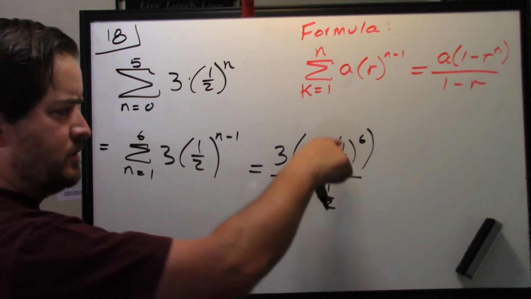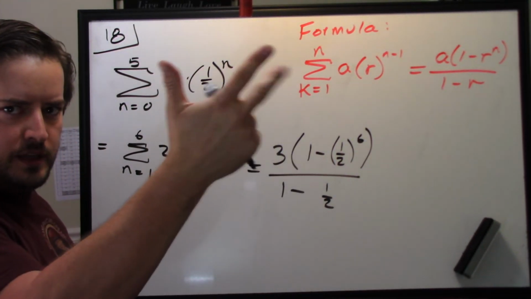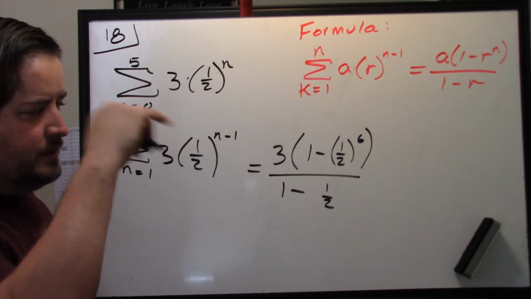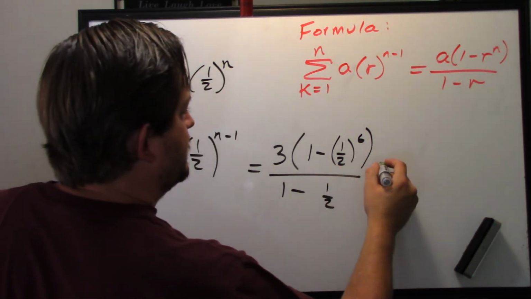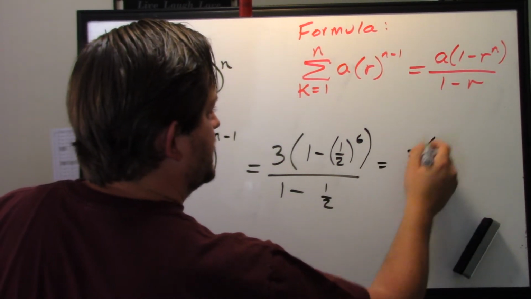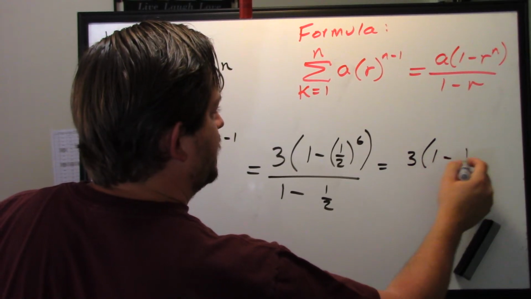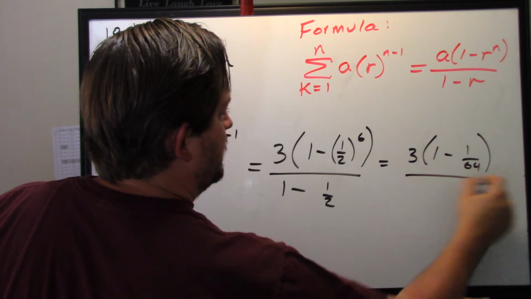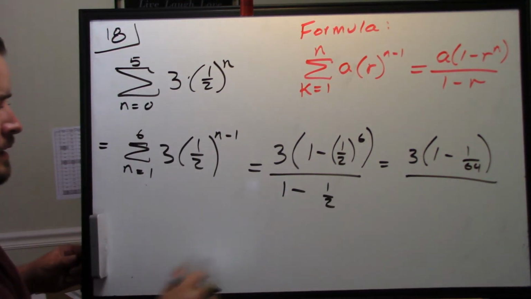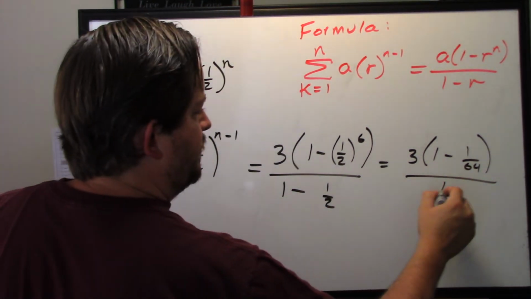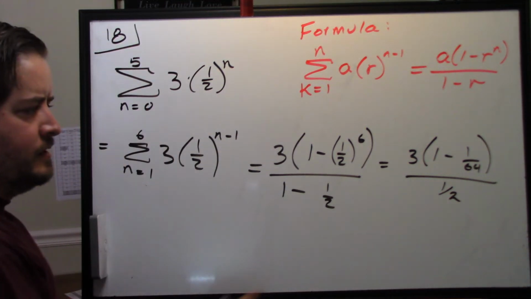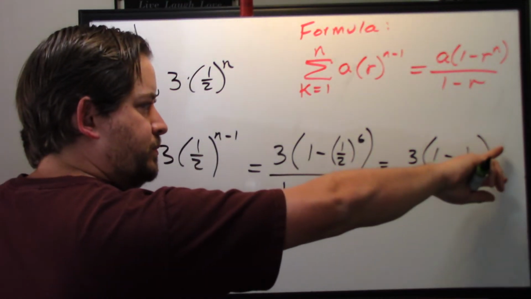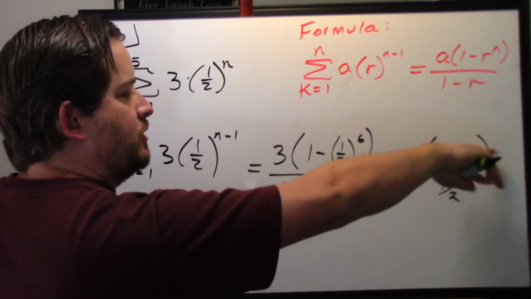1/2 to the 6, well 2 to the 6 is 2, 4, 8, 16, 32, 64. So this is 3 times 1 minus 1 over 64, all over 1 minus 1/2, which is just 1/2, right? This 1/2 I'm going to end up bringing up and multiplying the whole thing by 2.